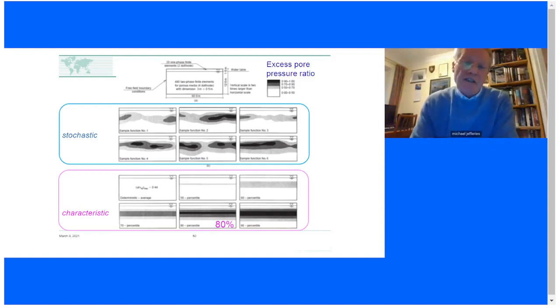The results I've circled in blue and I've called stochastic. Those are 6 individual, what we call realizations of the model. Each of those, what we've done is we've populated our 480 elements randomly with void ratio.